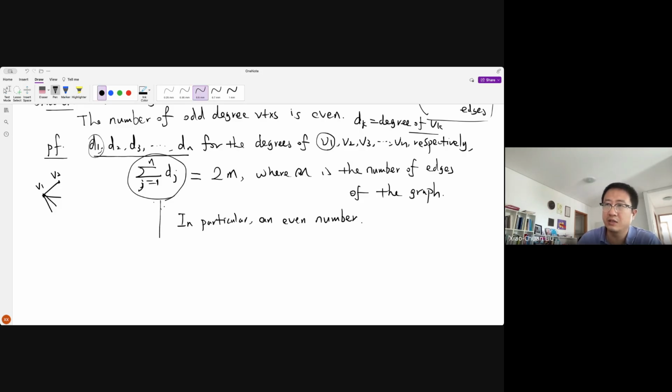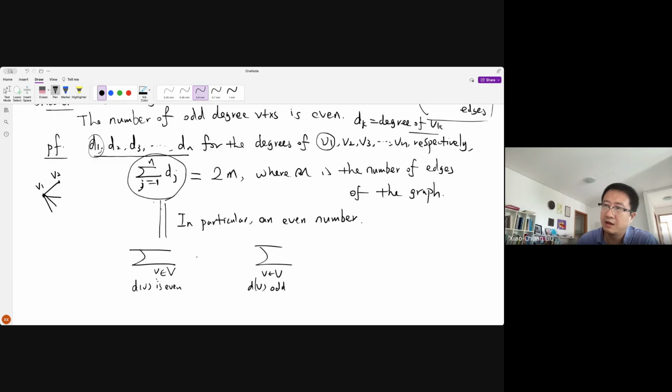So this sum, actually, you can split it into two sums. The first sum is over all vertices such that the degree is even. You take all the vertices in V such that d(v) is even, and all the vertices such that d(v) is odd.